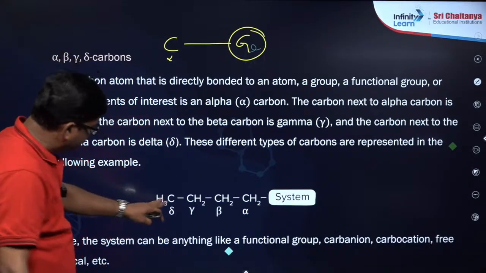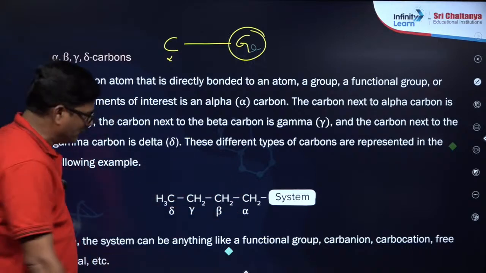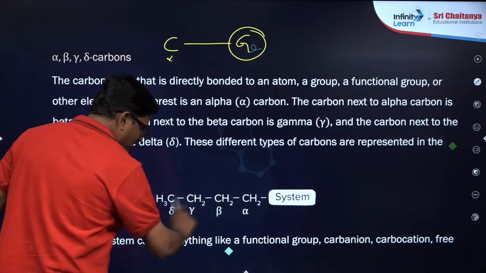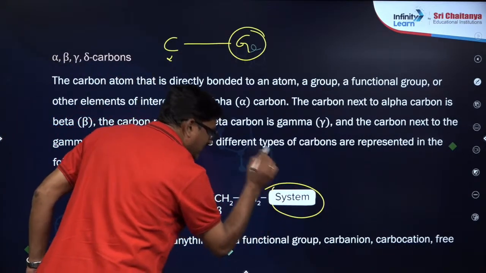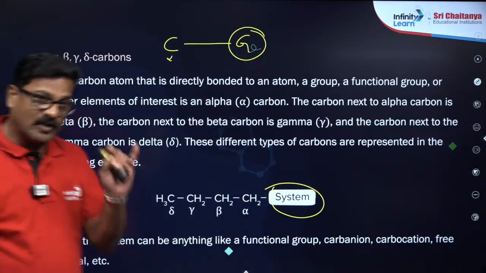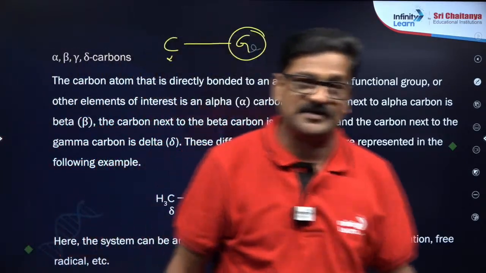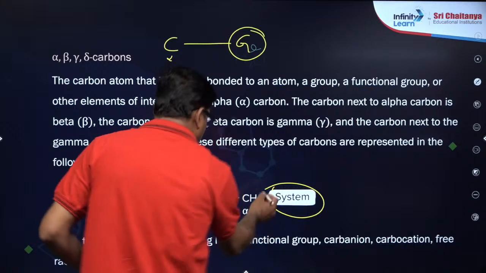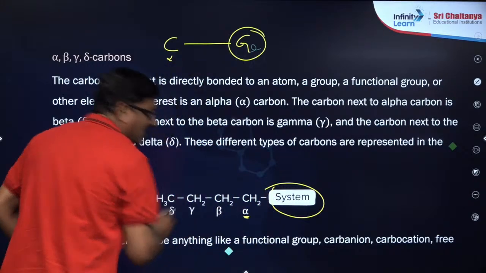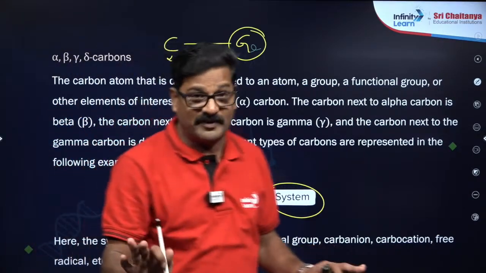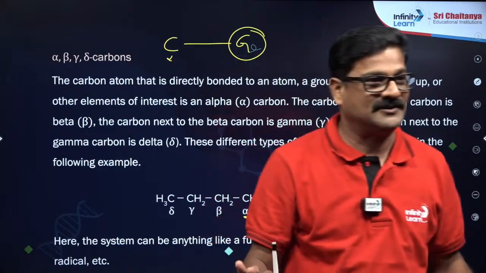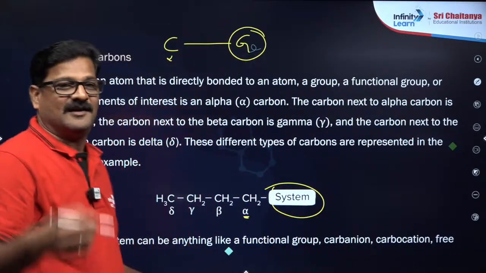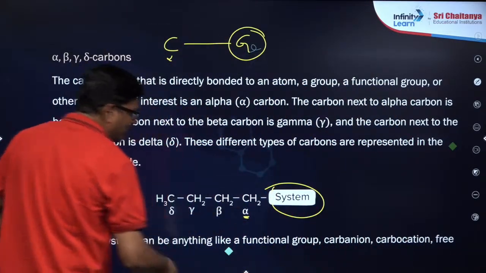So if you take this particular carbon chain, this carbon chain contains a system. The system can be a double bond or a triple bond or any functional group, and the immediate carbon you can name it as alpha. This is not according to IUPAC rule beta, right? This is not according to IUPAC.